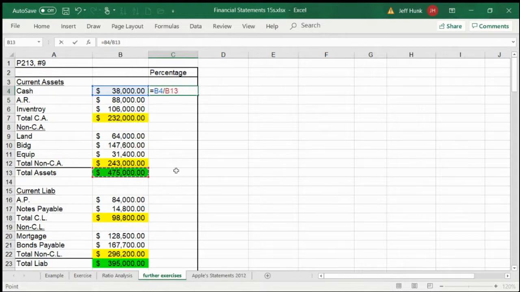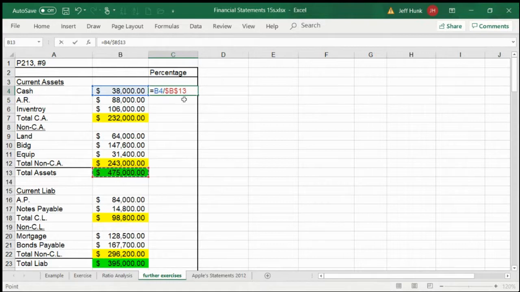And again, I will copy and paste this all over. But to do that, I should lock B13. You know how to lock it. Hit F4, and it's going to automatically lock it.